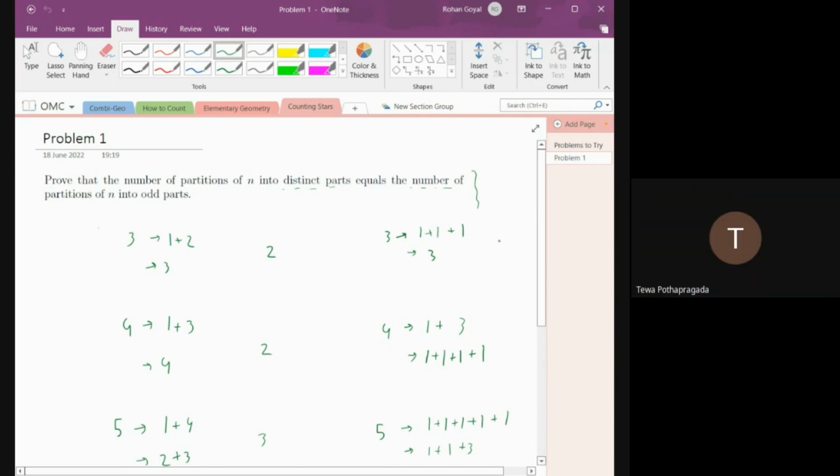Well, I'm not sure what the bijection will look like, but for the partitions of n into distinct parts, you can make a bijection between that and partitions of n.